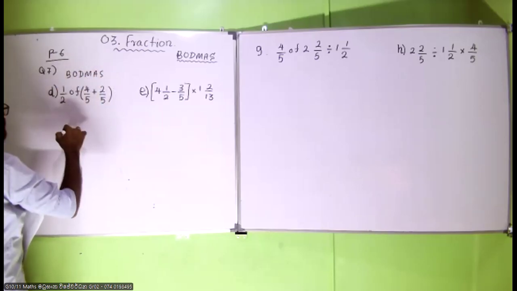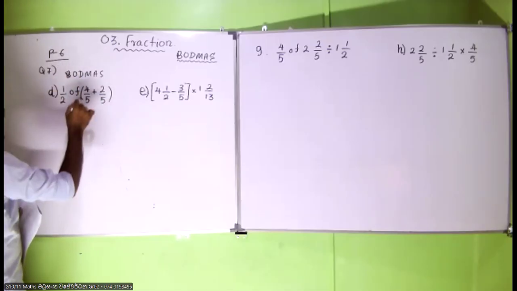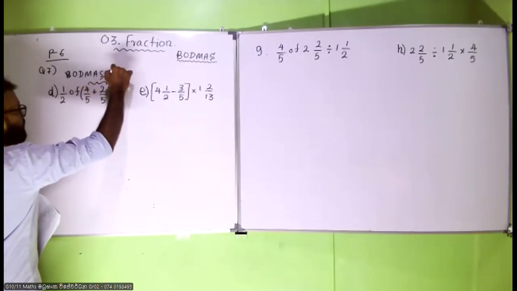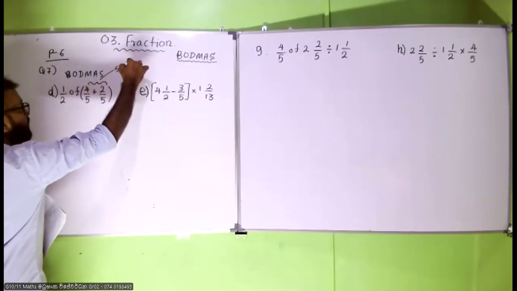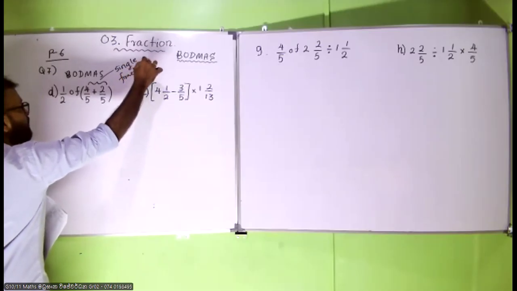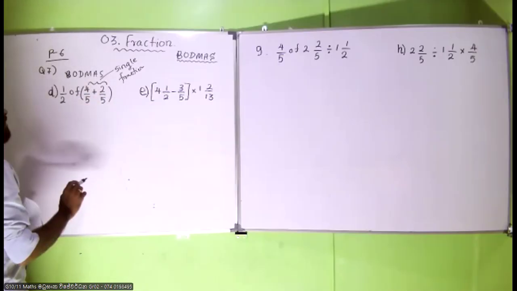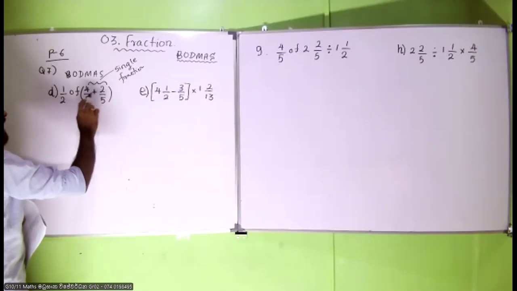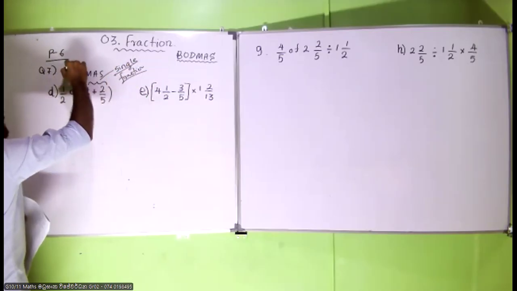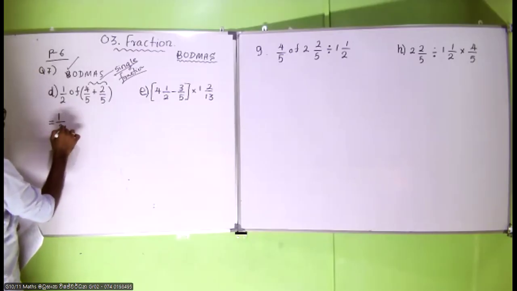BODMAS. So first of all, we are going to simplify brackets. We have brackets here, until I get a single fraction. Until I get the single fraction, I will simplify these fractions. I will add fractions until I get a single fraction inside my bracket. Equal mark, 1 upon 2 of.